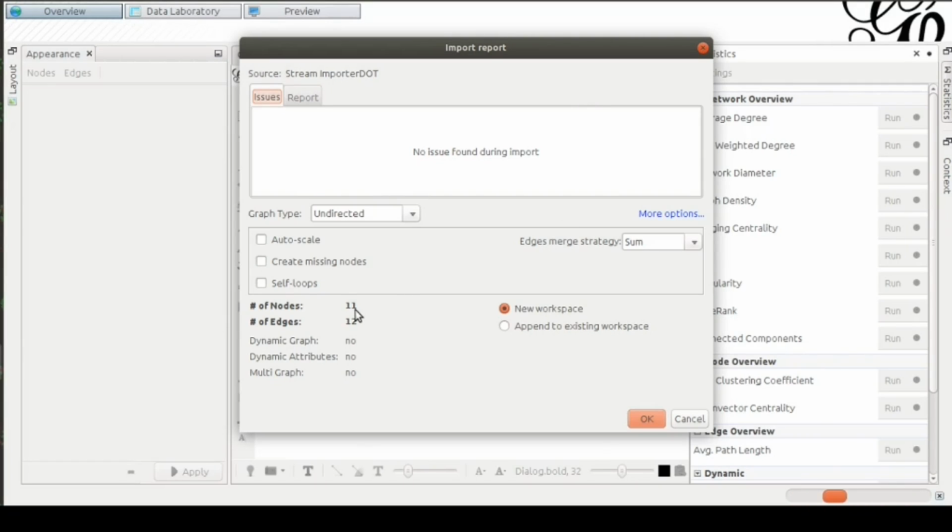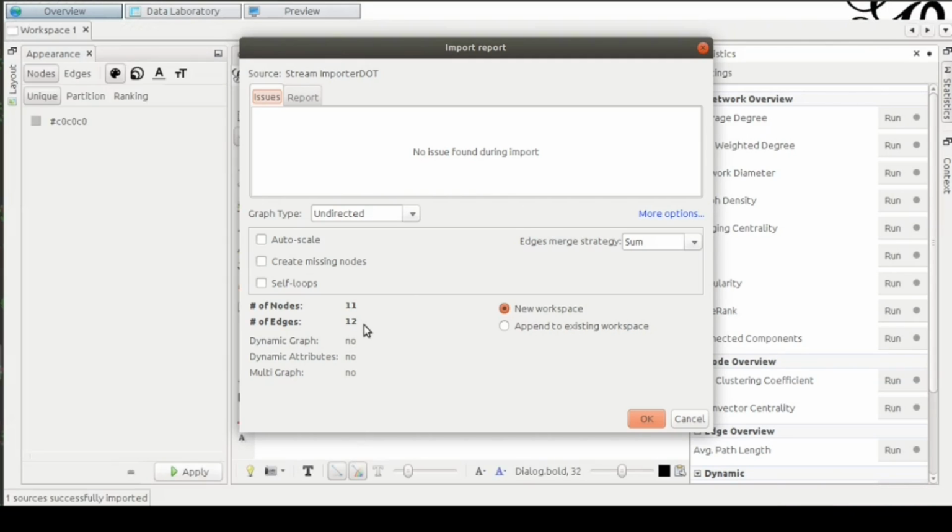Looking at these relations separately, we can't have any clues about what kind of natural structure. Still, when you start a program like GEPHI, opening this file, things begin to change. The first thing that GEPHI told us is that we have 11 nodes, or vertices, and 12 edges. I will start this small toy of a graph in a new workspace.